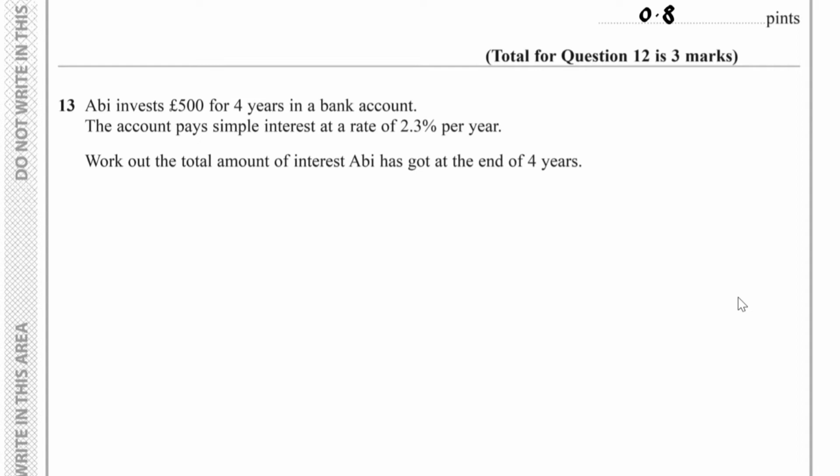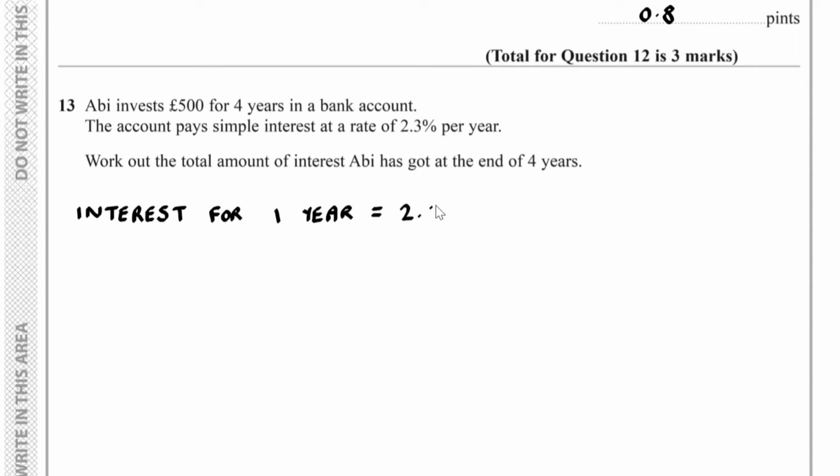Question number 13. Abby invests £500 for 4 years in a bank. The account pays simple interest at a rate of 2.3% per year. We have to work out the total amount of interest Abby has got at the end of 4 years. So what we need to do first of all is work out the interest for 1 year.